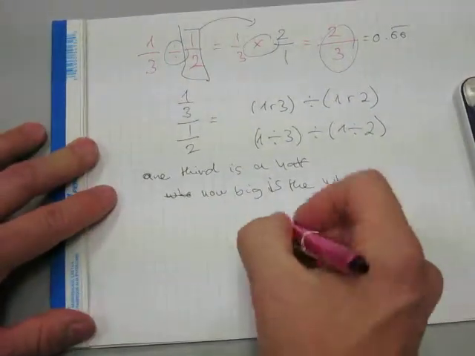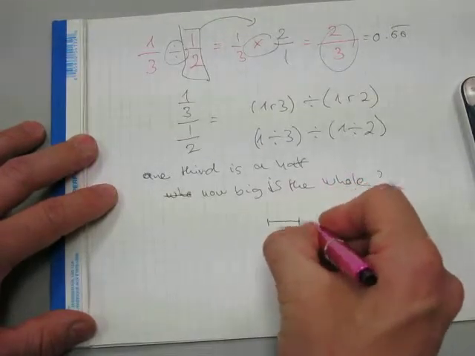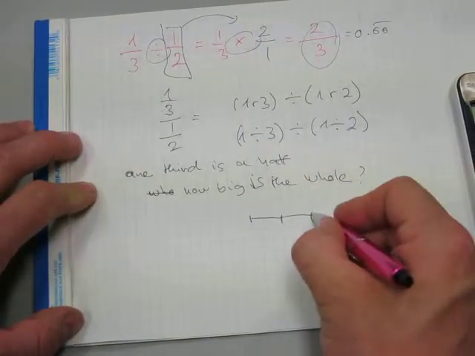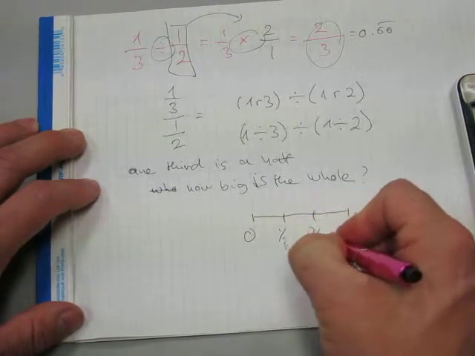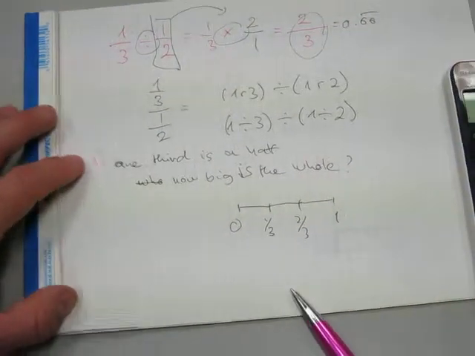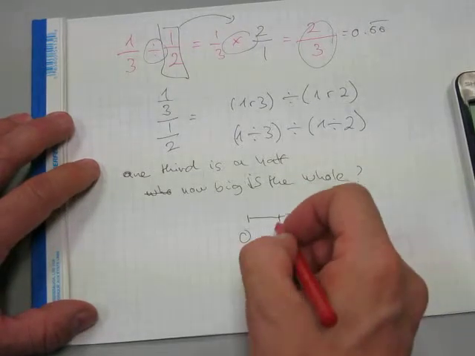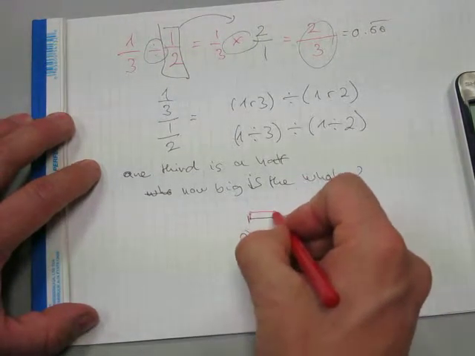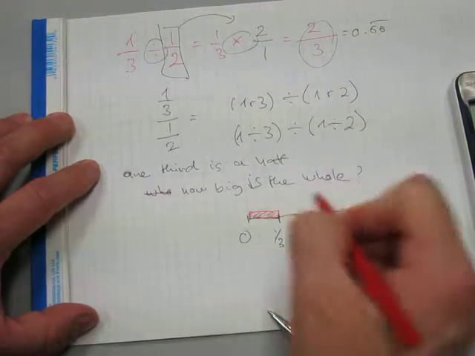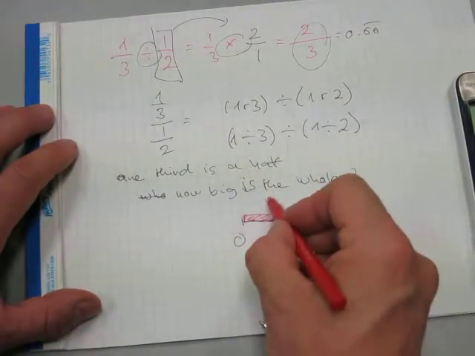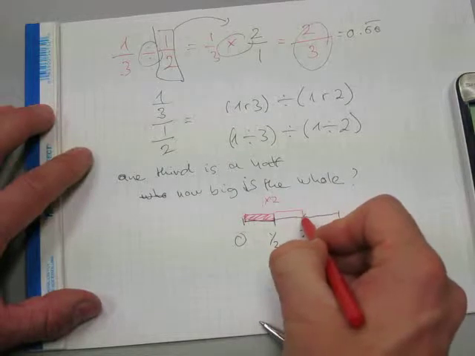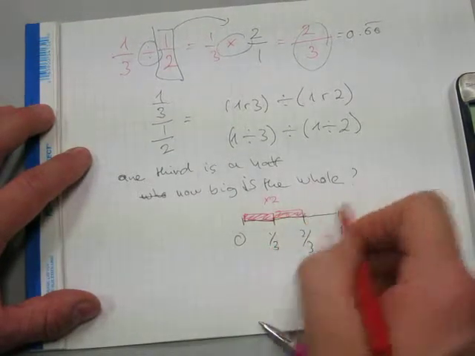Let me just draw you here a number line for this one. Here is 1/3 of something. Here is 0. Here is 1. There's 1/3, 2/3. If 1/3 is half of something, we need to double it to make it a whole.